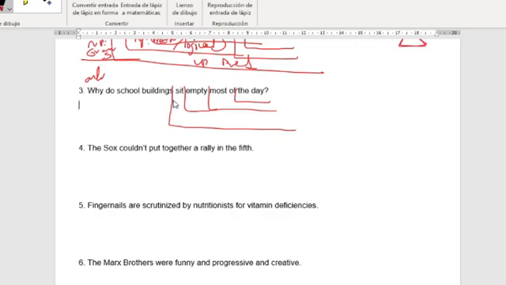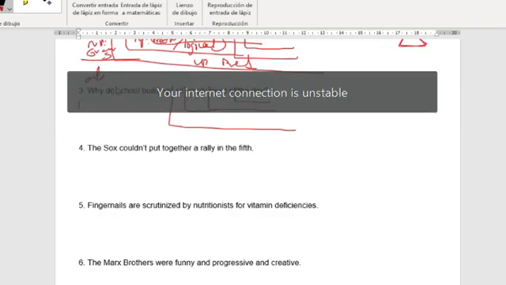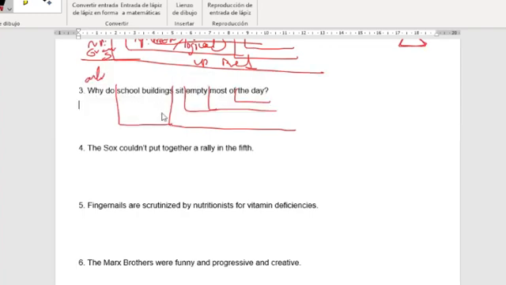Sit is present. Okay. Then we have school buildings. This is a verb first predicate sentence, right? So we have school buildings. School buildings is a phrase.